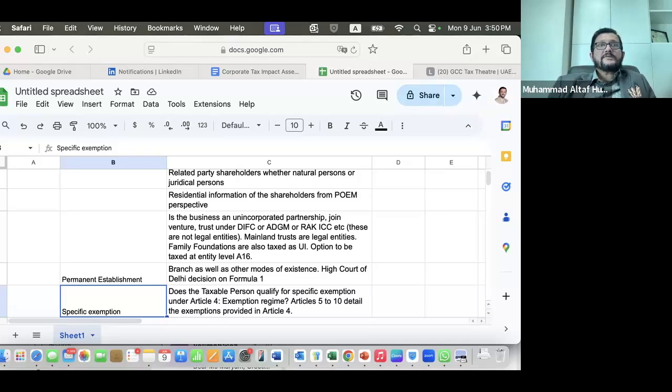So what if this is the scenario? FTA will ask a clever question: are you being taxed in that other jurisdiction? If they are not being taxed in that other jurisdiction, please open the article on foreign permanent establishment.